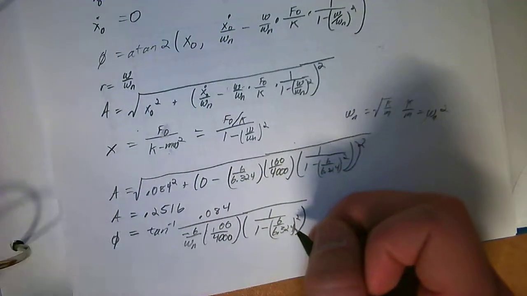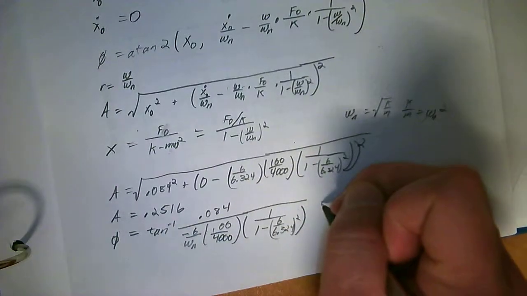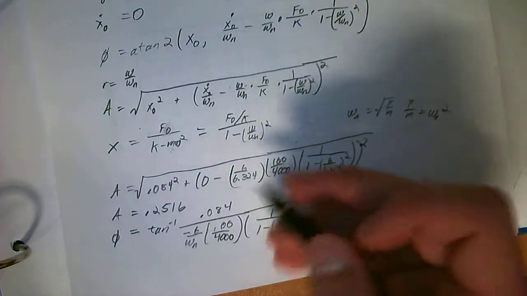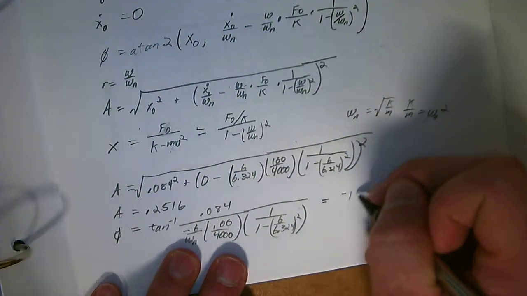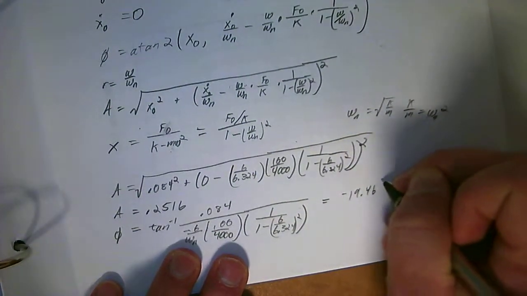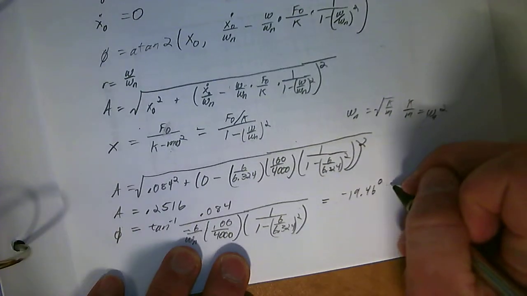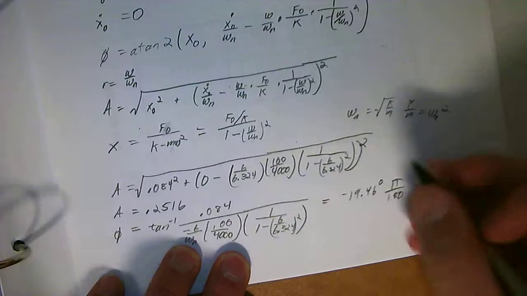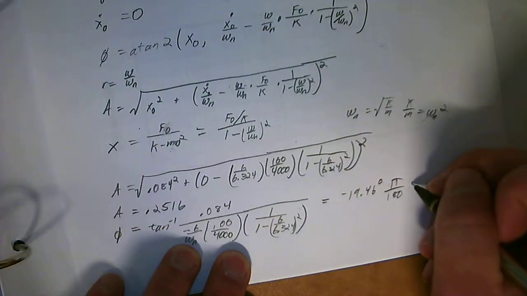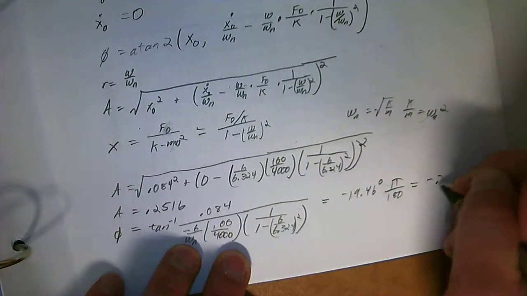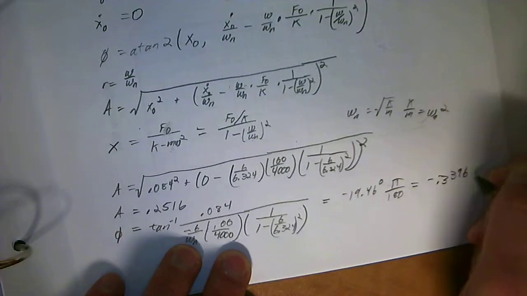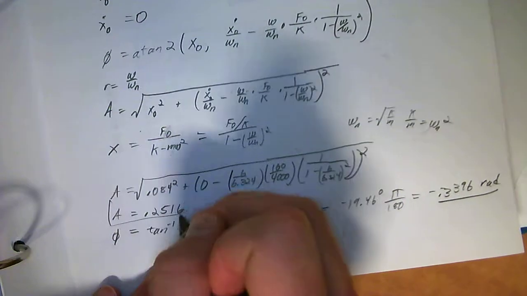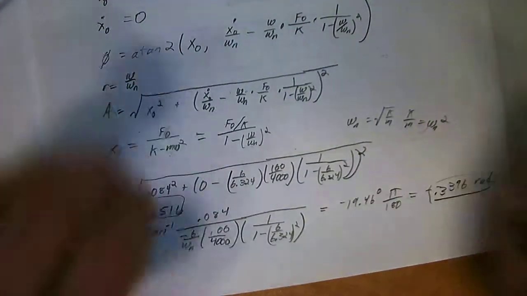This will give you a degree measurement. If you do this calculation in degrees, you should get negative 19.46 degrees. But if you do it in radians, or do a conversion, this should give you negative 0.3396 radians, which is the value there. And we got the A right here.